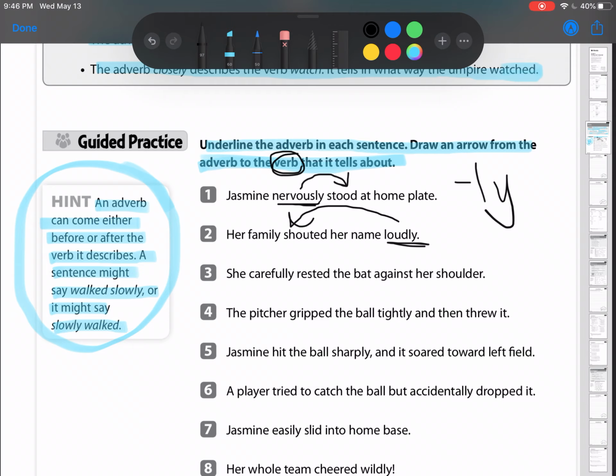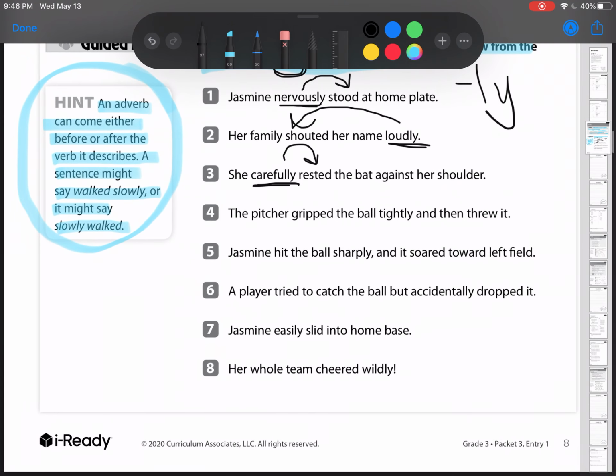She carefully rested the bat against her shoulder. Here's our adverb, carefully. What did she do carefully? She carefully rested. She carefully rested the bat. The pitcher gripped the ball tightly and then threw it. So again, here's our adverb, tightly.